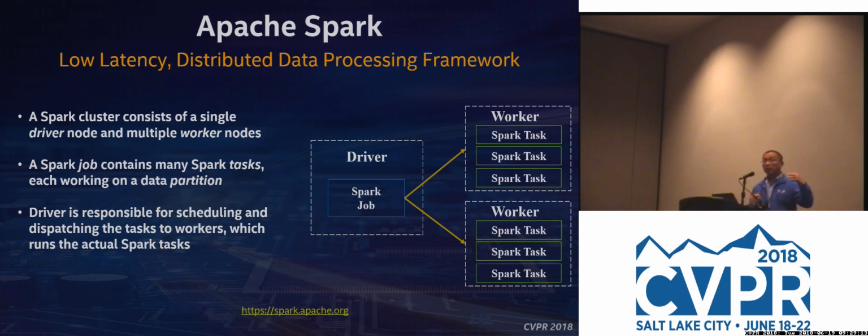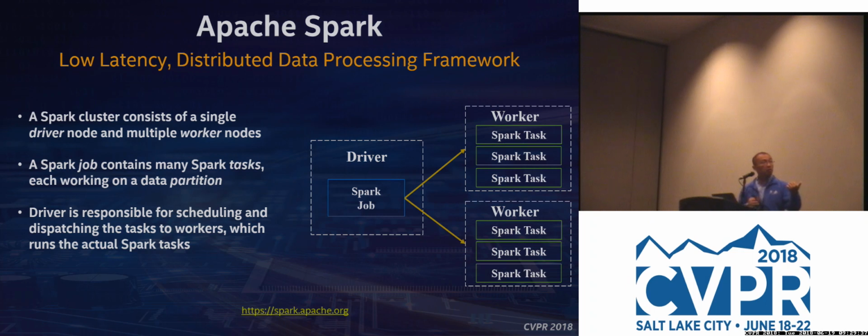Then you write a Spark job, which processes a huge amount of data across a cluster. So a Spark job consists of many Spark tasks. Each task is working on a data partition. So it's a data parallel paradigm, and you have a Spark job which consists of many different Spark tasks, each task working on a separate data partition.